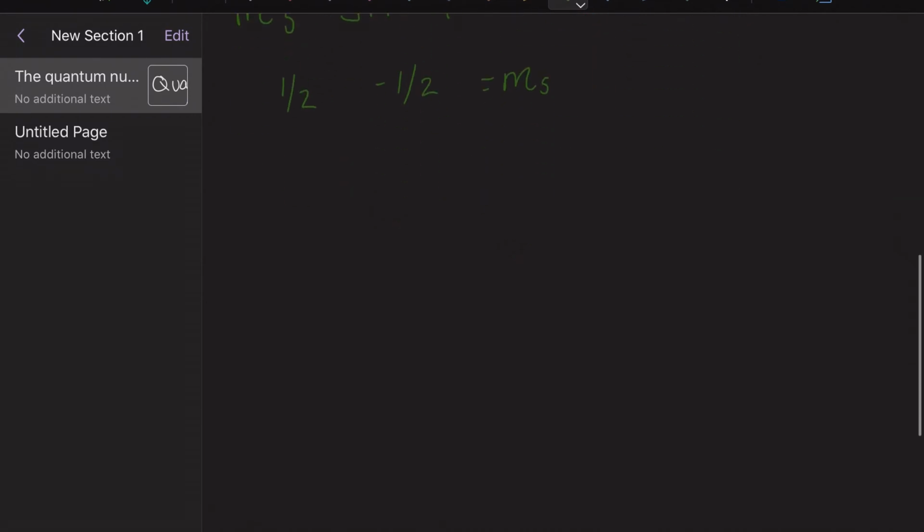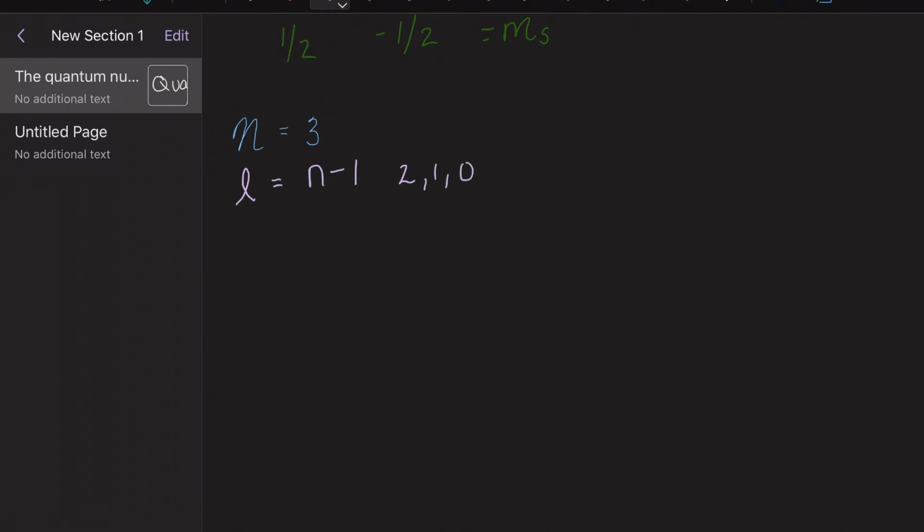So let's look at what this may mean for an example. Let's start with n. If n equals 3, then our possible values for L are n minus 1, or 2, most likely. But we can also have 1 or 0.